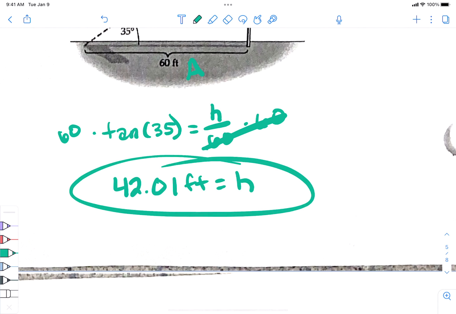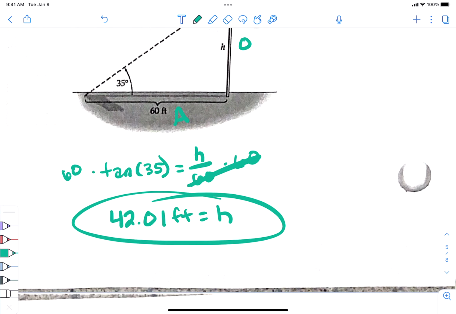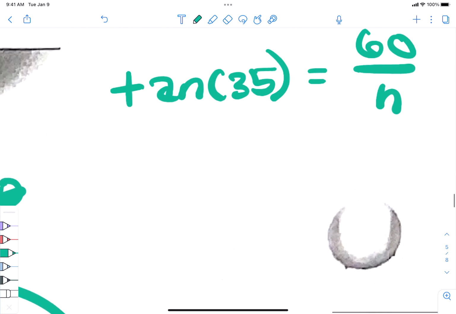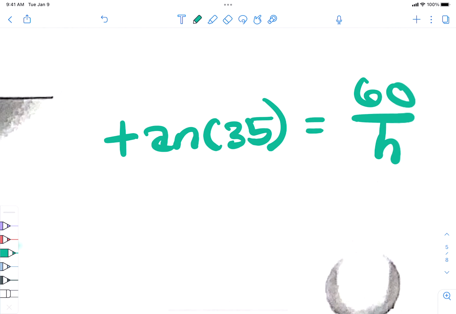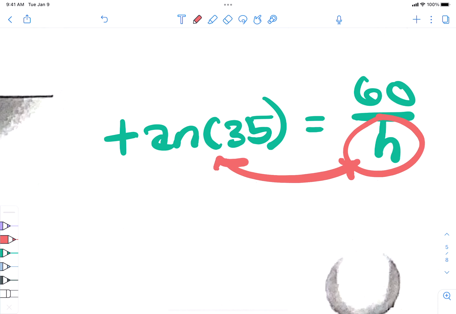Okay, question. Hold on, don't stop yet. What happens if instead this said tangent of 35 equals 60 over h? We didn't have one like that. I was hoping we would. What happens if the h is in the bottom? You still have to divide by tangent 35. So if the h is in the bottom, these two swap places.